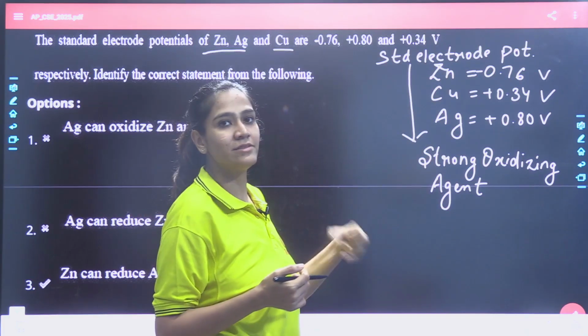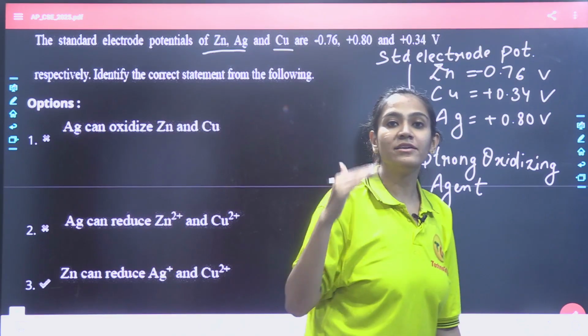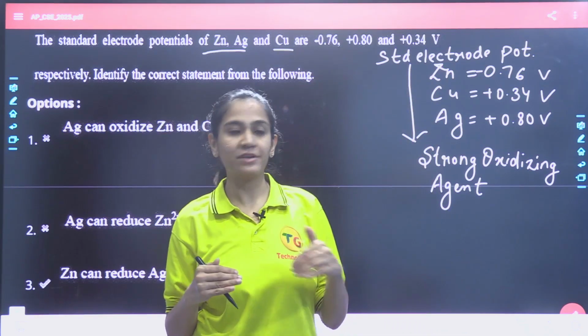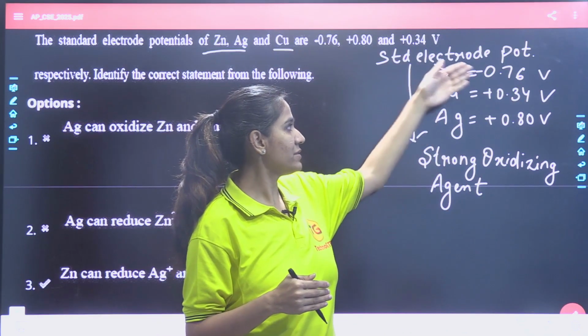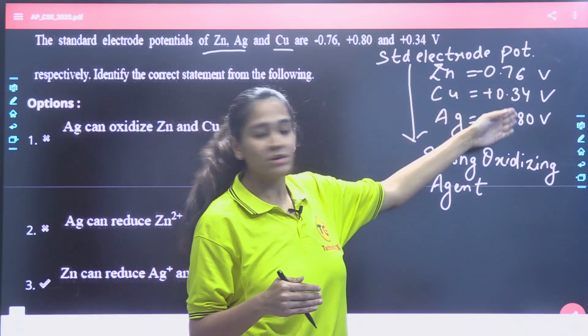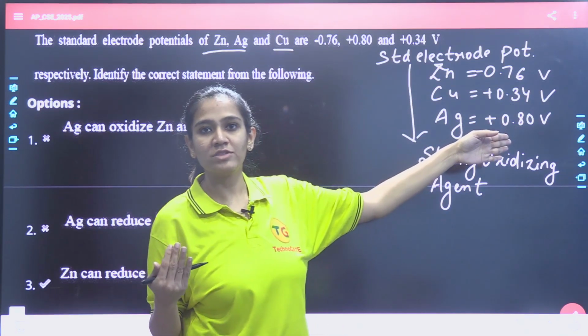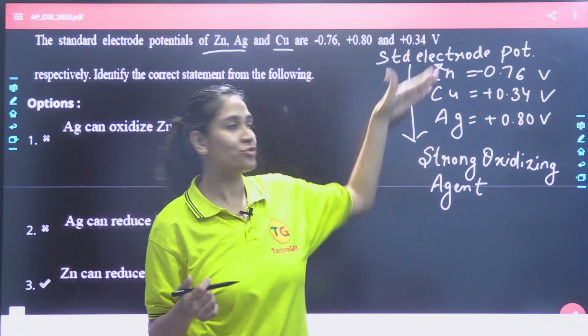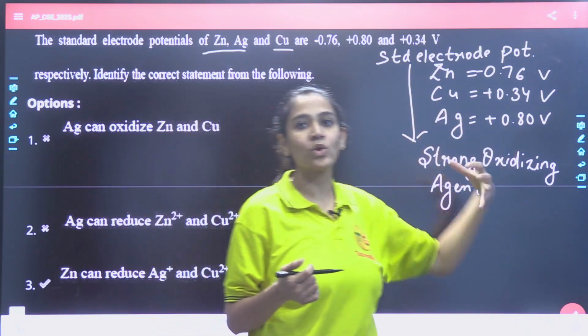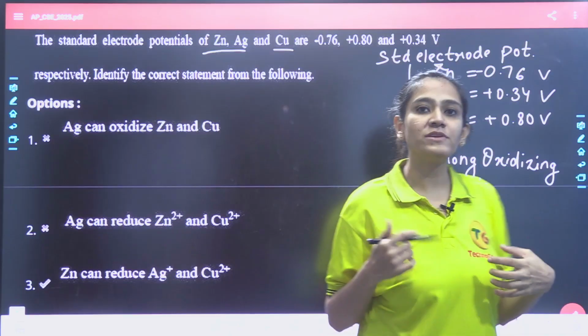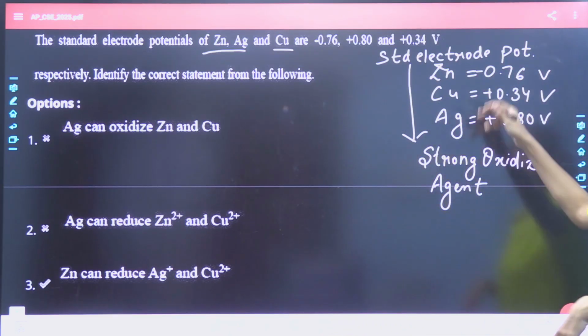It has a tendency to gain electrons. Their standard electrode reduction potentials are increasing. As we are moving down, they want to gain electrons and oxidize the other ones which are present above them.